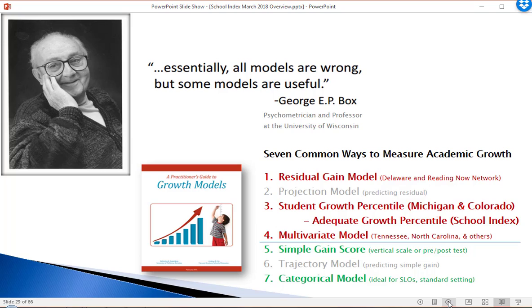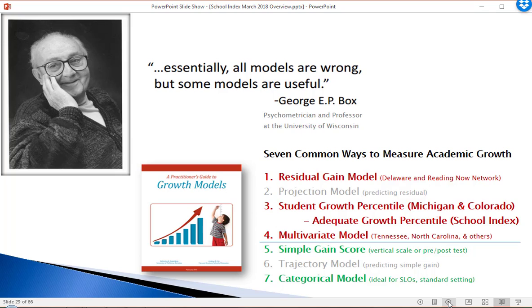This is called an adequate growth percentile, which is used in the school index, which we'll cover in detail in this video. Also, a multivariate model is used commonly in New York, North Carolina, and Tennessee.